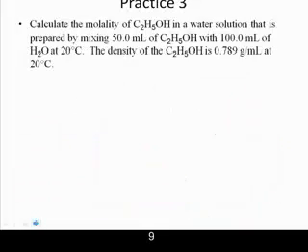Okay, next one. We want molality of ethanol in a water solution that is prepared when we mix 50 mils of the ethanol with 100 mils of water. Okay, and it gives us a density.